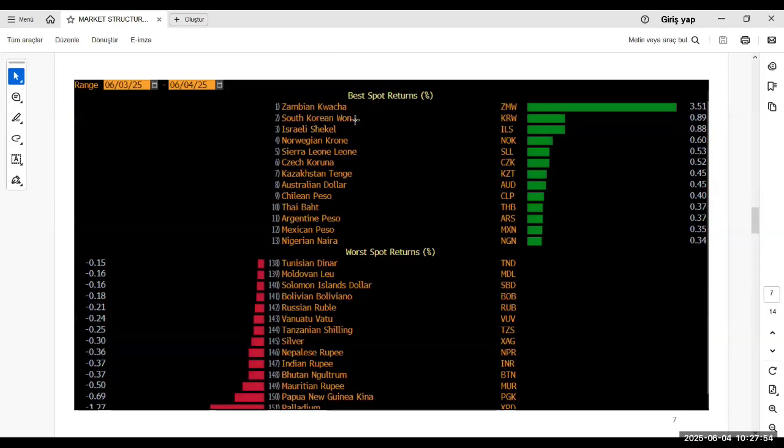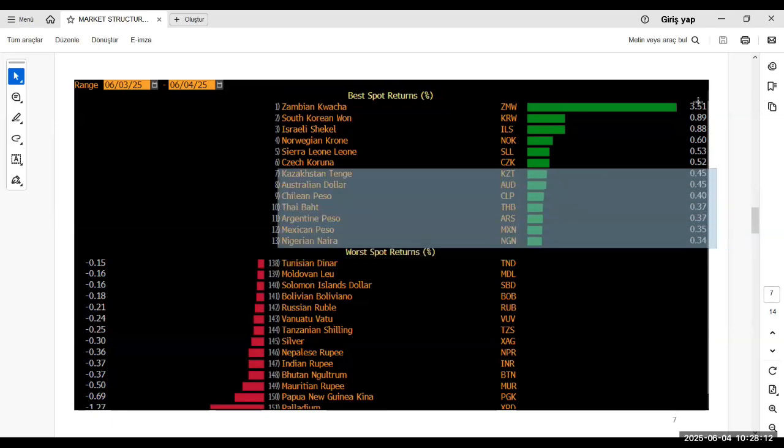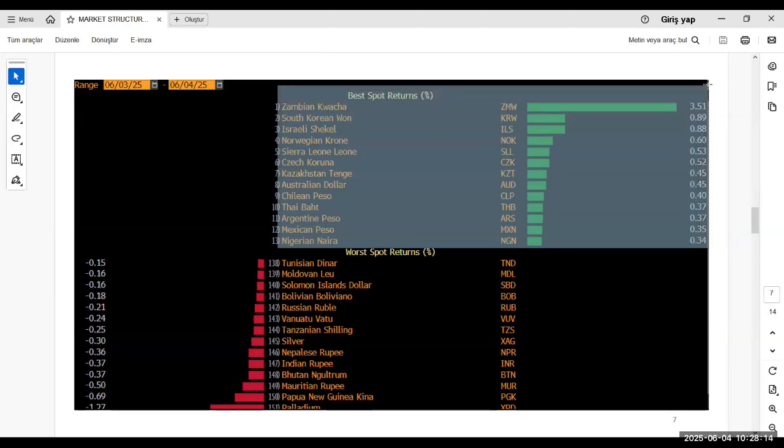Zambian kwacha, South Korean won, Israeli shekel, Norwegian krona, Sierra Leone, Czech koruna, Kazakhstan tenge, Australian dollar, Chilean peso, Thai baht, Argentinian peso, Mexican peso, or Nigerian naira are today the best performing currencies against the United States dollar.